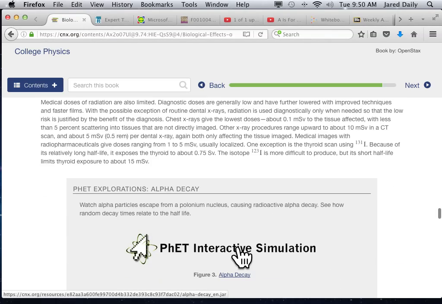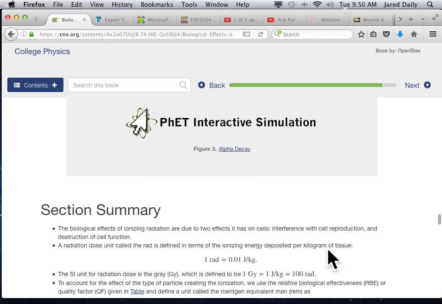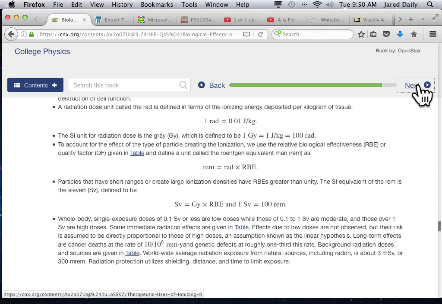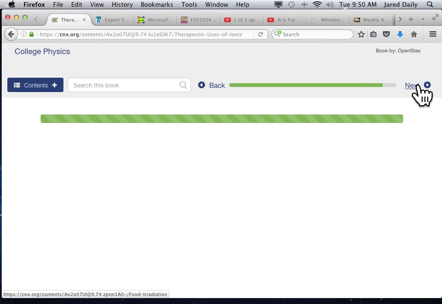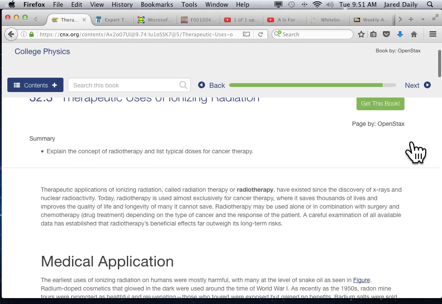Anyway, that's kind of the idea of calculating dosage of radiation. You have to know the energy, you have to know the activity, and you have to know the RBE and the mass being affected.